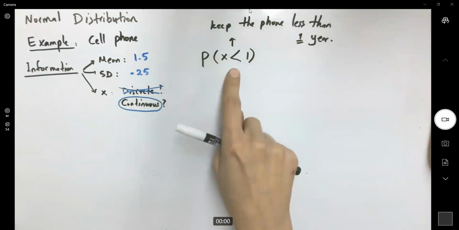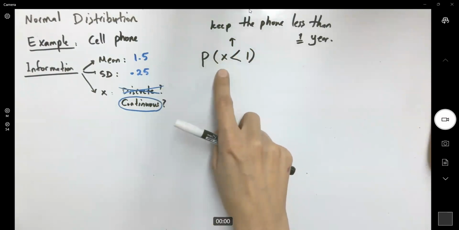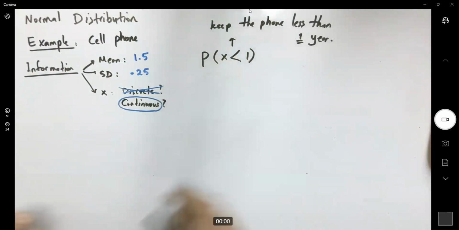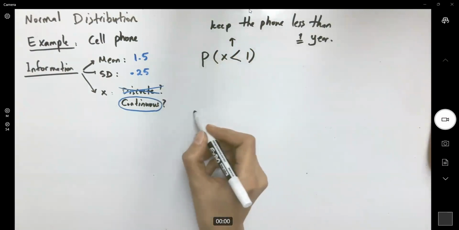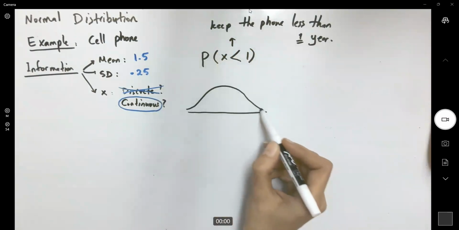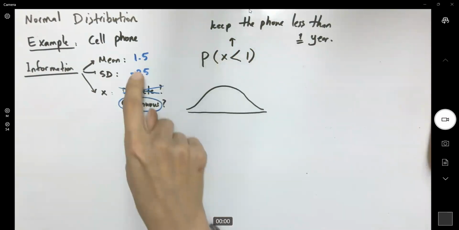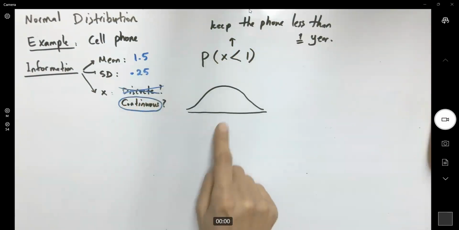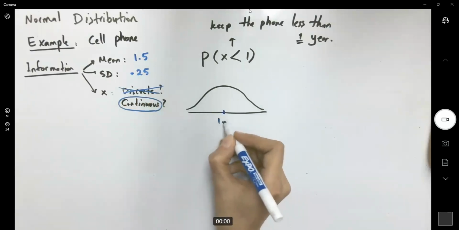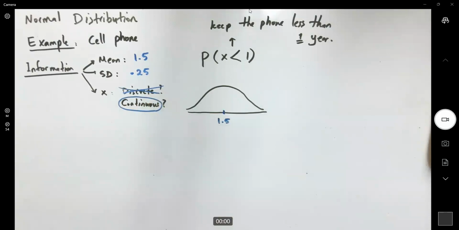That's the meaning of that. X is less than 1 year. Quickly graph it. What's the graph like? I have a normal distribution and the mean is 1.5, so 1.5 is located in the middle. The standard deviation is 0.25.